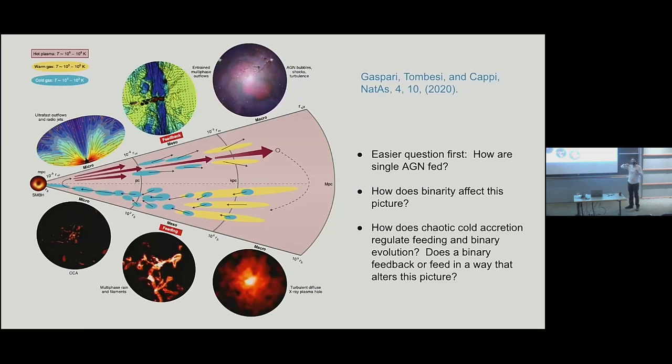These are ionized hot outflows, but then they eventually cool and fall down as rain at these galactic scales that then refeed the AGN. And so an AGN can actually go through hundreds of these cycles over a Hubble time. So how does this rain feed the black hole? Is it a chaotic accretion kind of phenomenon? How does that affect the observables? How does that affect our understanding of how black holes feed, grow, evolve?